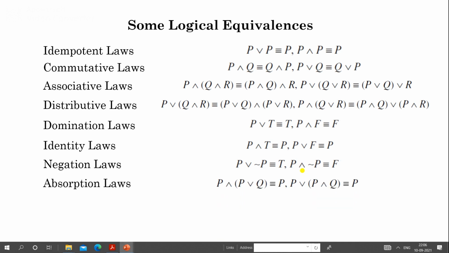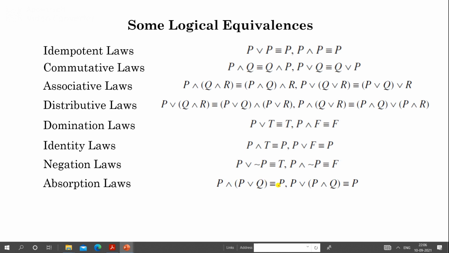Absorption laws. P and (P or Q) is equal to P. Look at this, this will depend on the value of P, because if P is true, then P or Q, whatever the value of Q, since one is true, this will be true. So true and true is equal to true.